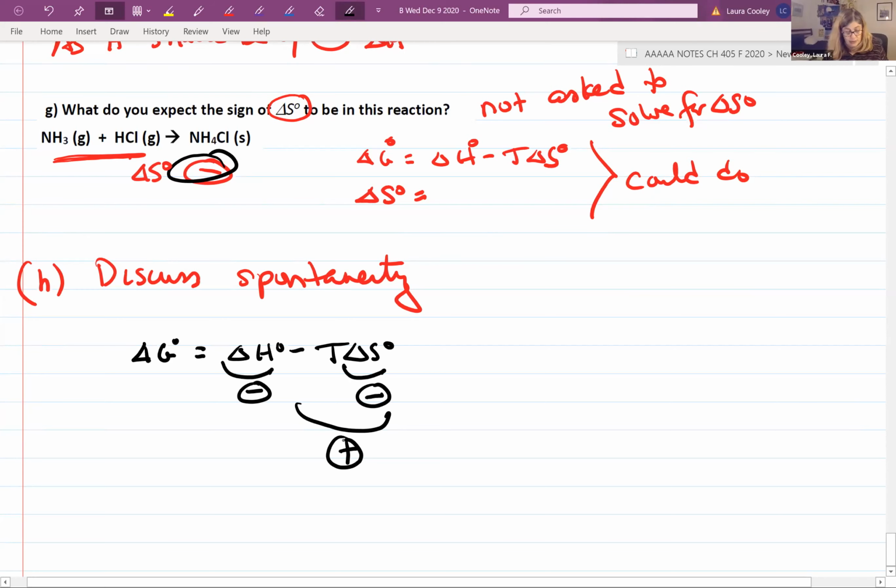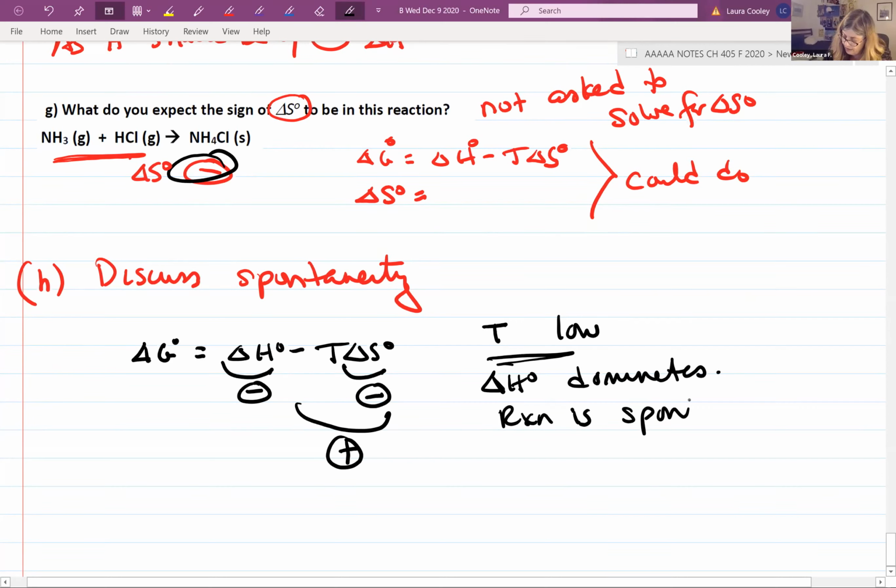What does that tell you about the spontaneity and its dependence on temperature? When the temperature is low, the delta H term dominates and the reaction is spontaneous because the delta H is negative.